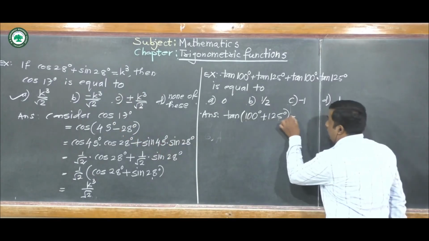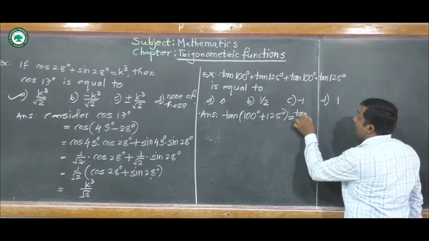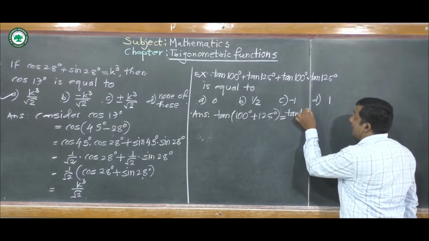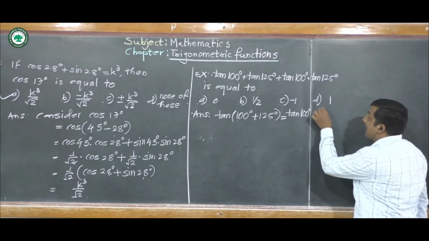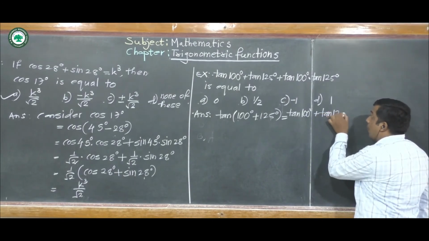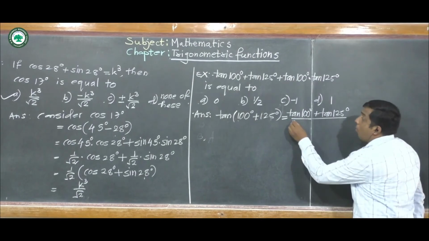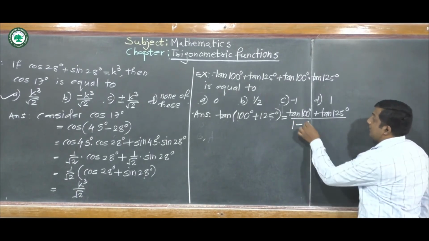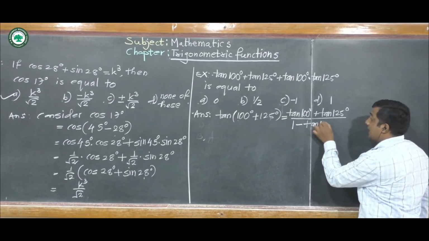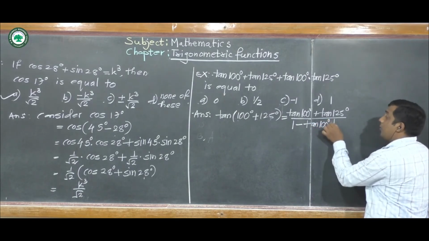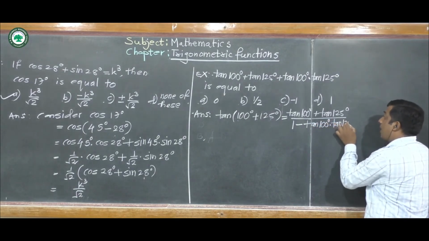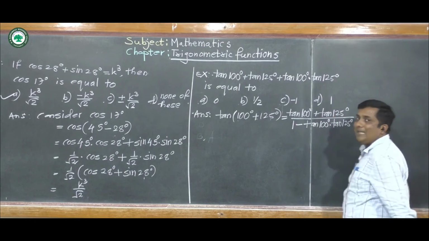So this is equal to tan A, meaning tan of 100 degrees, plus tan B, meaning tan of 125 degrees, divided by 1 minus tan A, meaning tan of 100 degrees, into tan B, meaning tan of 125 degrees.